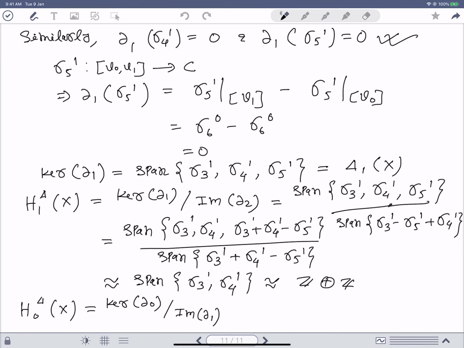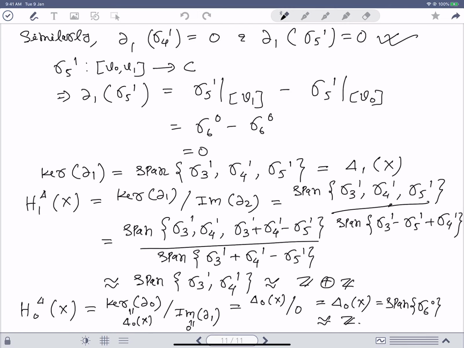So therefore the image of this is 0, and the kernel of del 1, we know this is del 0 x. So this is actually del 0 x quotient with 0. So this is the same as del 0 x, that is it is just the span of sigma 6. So this is Z.